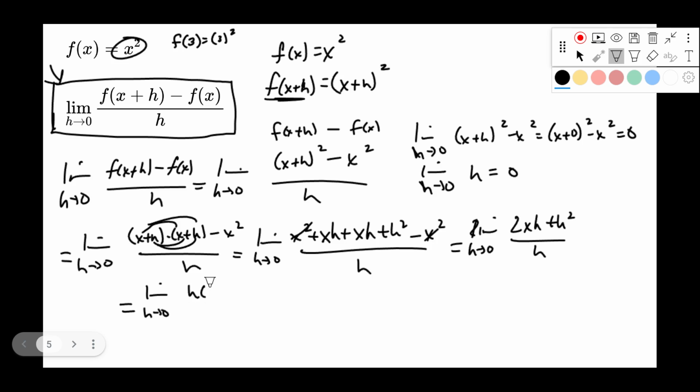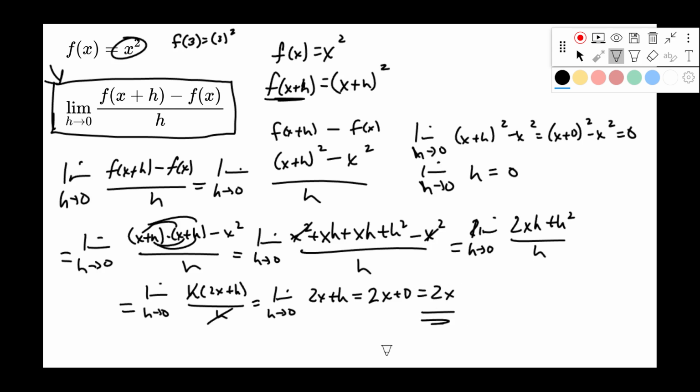GCF is h. That's good. The h's cancel out. It gives me the limit as h goes to 0 of 2x plus h. But h goes to 0, so that's 2x plus 0. That's 2x. I get a variable expression for my answer. The answer for this limit is 2x.